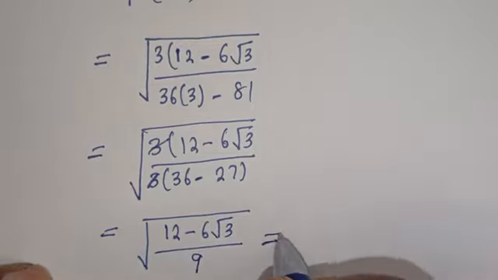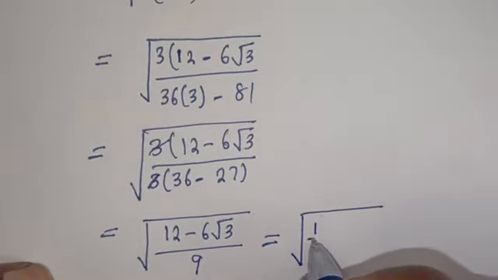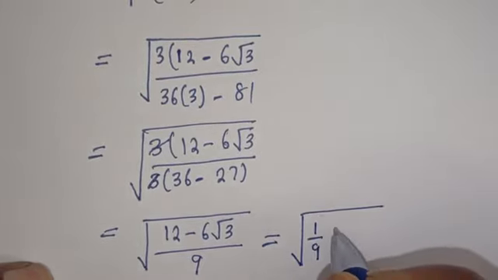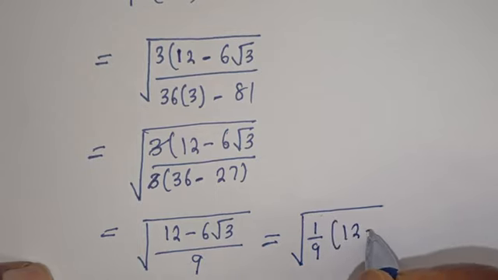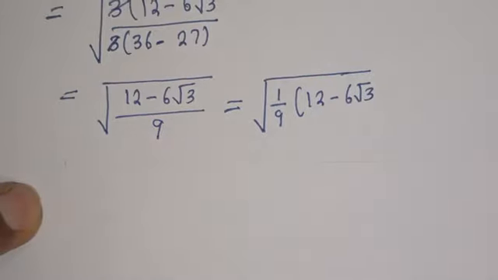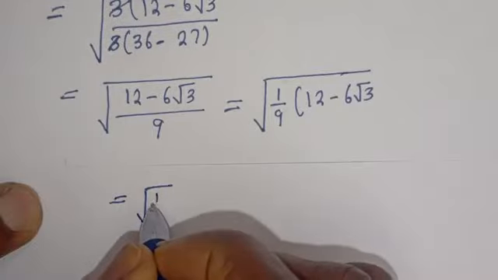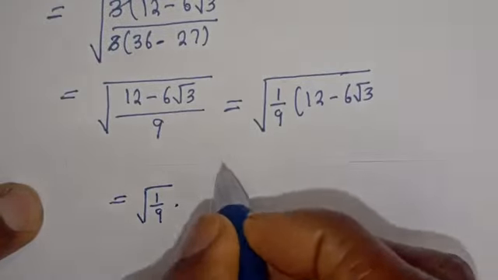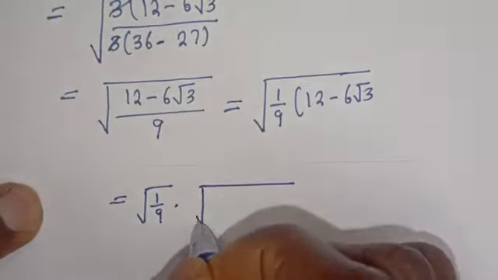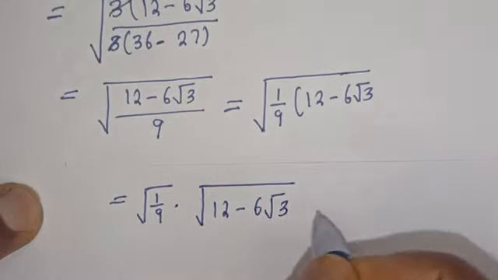Then this is equal to square root of 1 divided by 9 bracket 12 minus 6 root 3. Then this is equal to square root of 1 divided by 9 multiplied by square root of 12 minus 6 root 3.